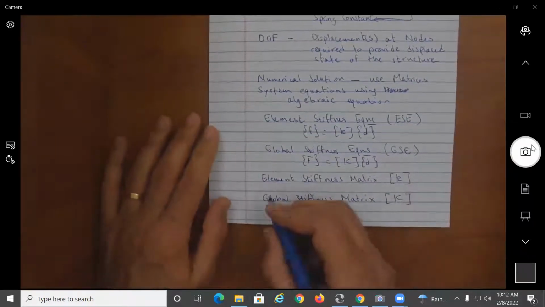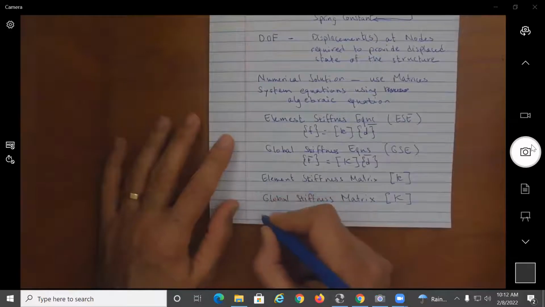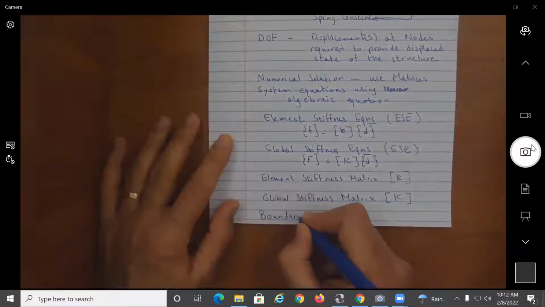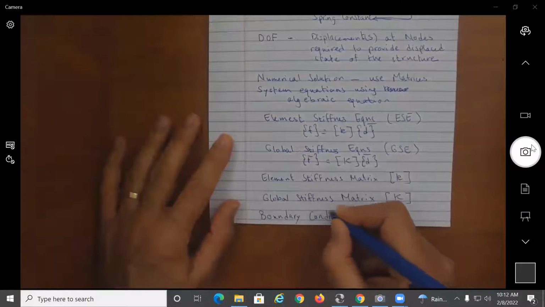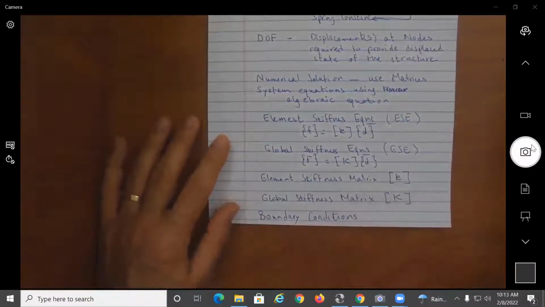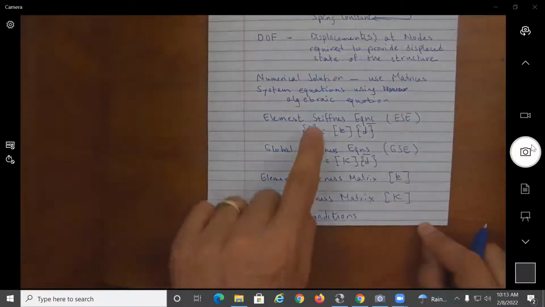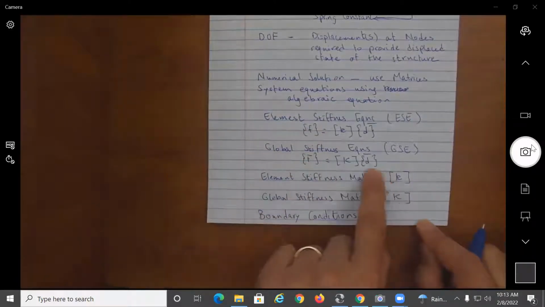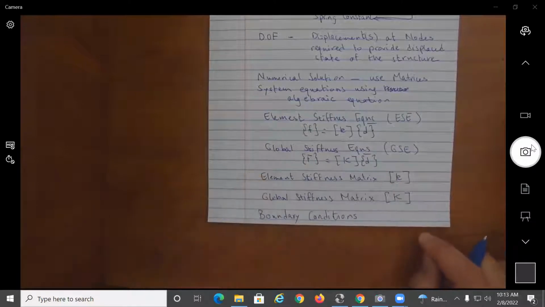So we also learned about boundary conditions. We need to apply the boundary conditions in order to solve the global stiffness equations for the unknowns.